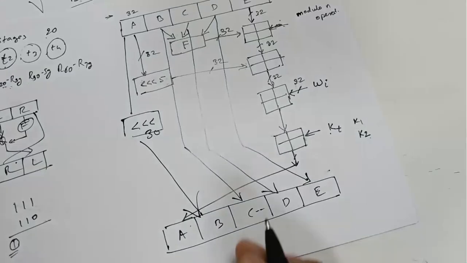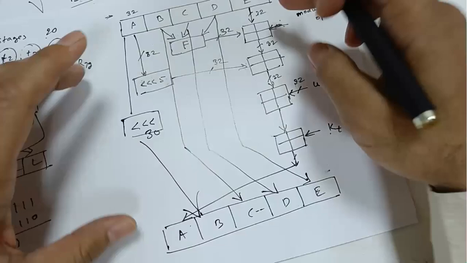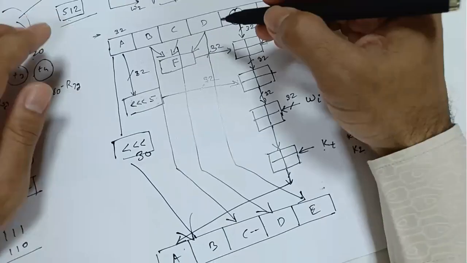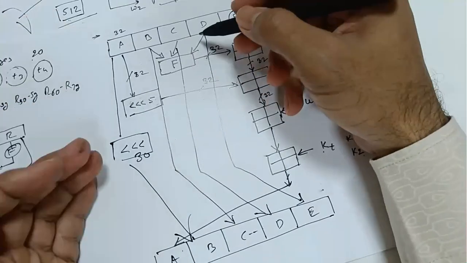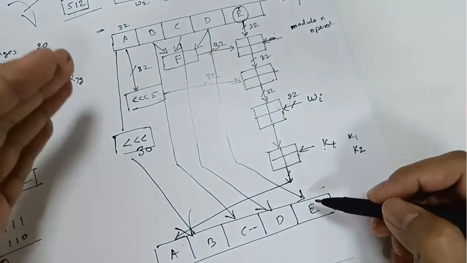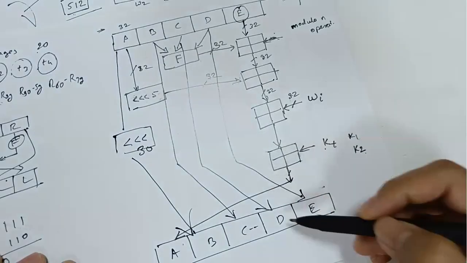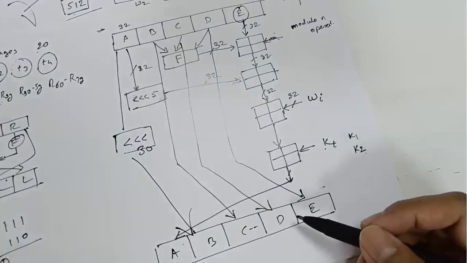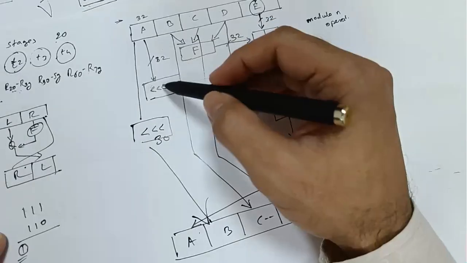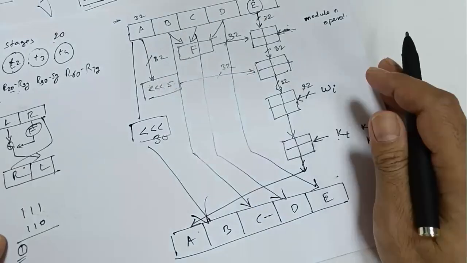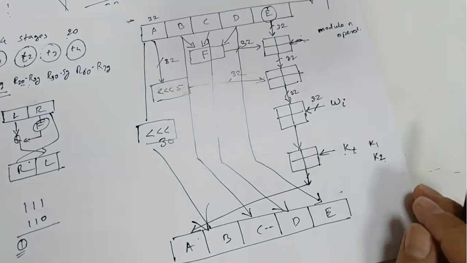So in each round we are actually encrypting one block, and for the next round we are shifting each block one position right, so that each block gets encrypted in each round. There are only shift operations working on block A. Is there any doubt in this step?